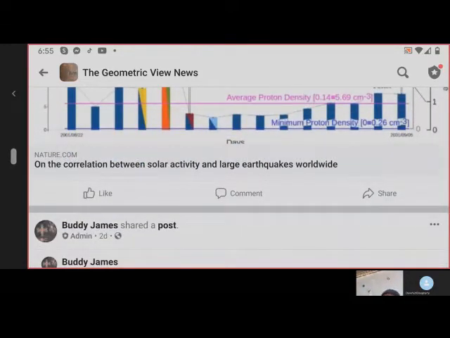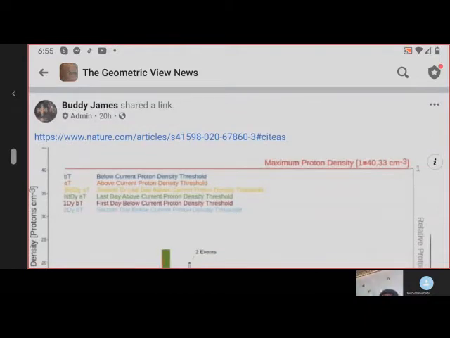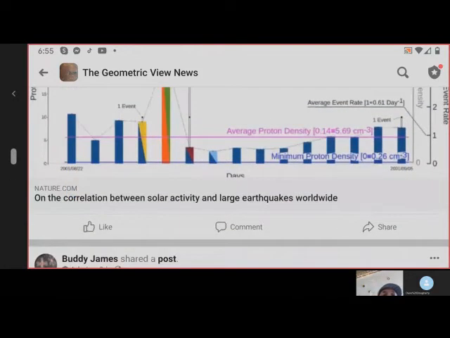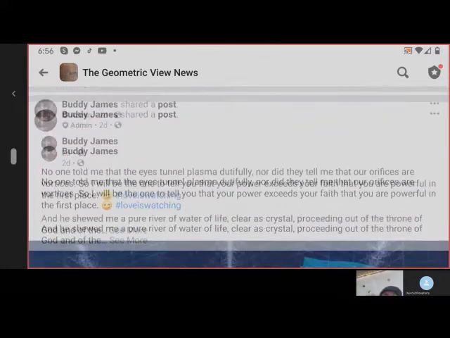On the correlation between solar activity and large earthquakes worldwide. This is space weather news. But yeah, nature.com, they're showing that actually Ben Davidson was correct here, as a lot of people have been showing with their models.